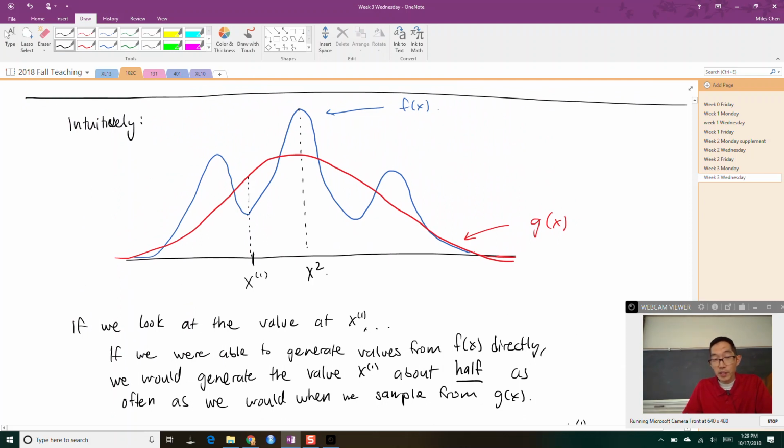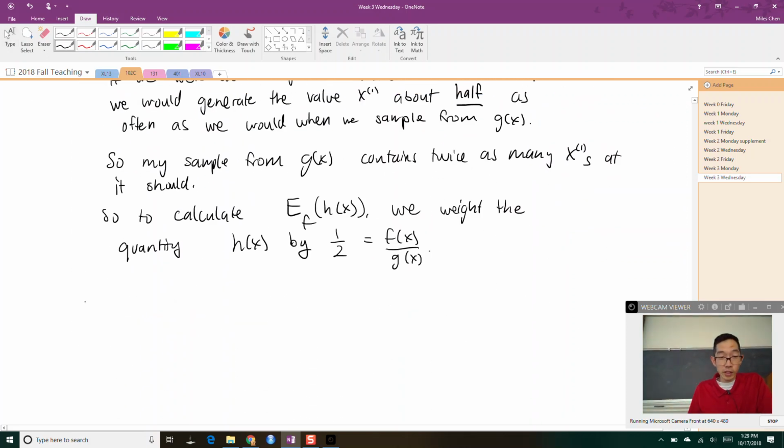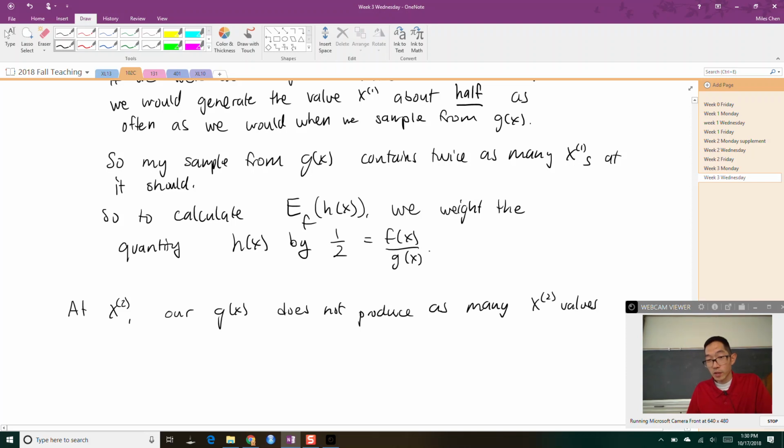And then on the other hand, if I come over here and call this x2, we basically have the reverse situation. At x2, our g of x does not produce as many x2 values as f would.